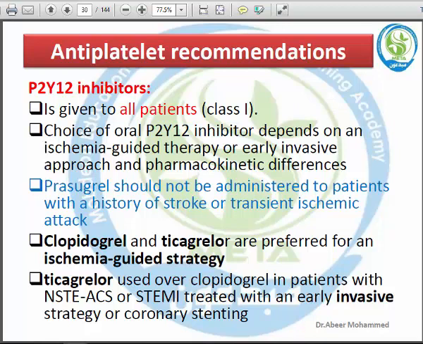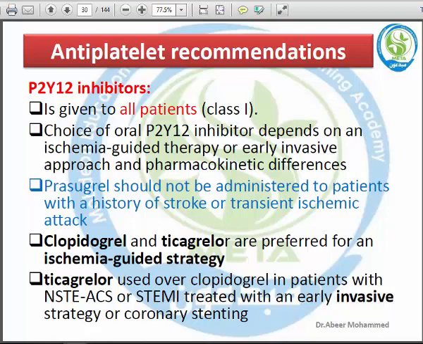That means in patient with history of stroke or transient ischemic attack should not receive prasugrel. Clopidogrel and ticagrelor preferred in ischemia guided therapy strategy, and in early invasive strategy ticagrelor is preferred to clopidogrel.